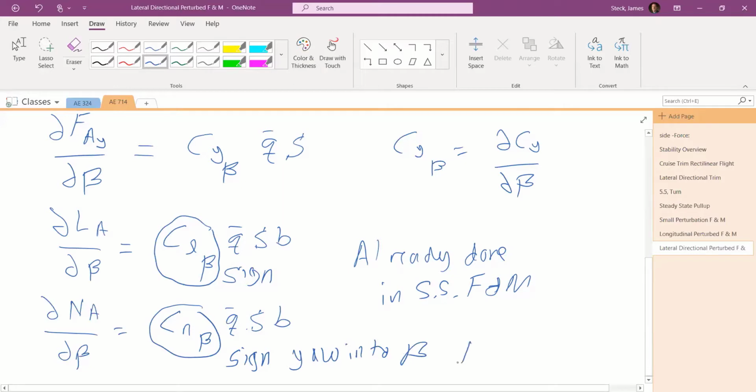The sign here is positive. We want this to be negative. We want to roll away, because typically a beta due to a roll is when the airplane banks to the right and starts to sideslip to the right. We want it to roll back up right. That doesn't really have anything to do with our derivation here, but it's just a remembrance of what these static stability derivatives do.